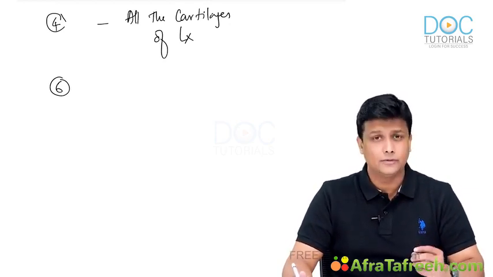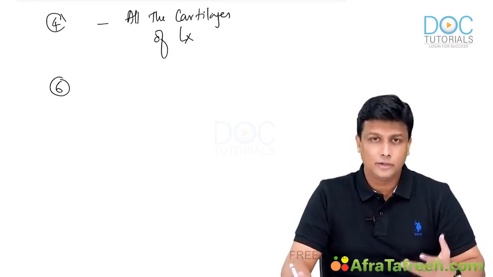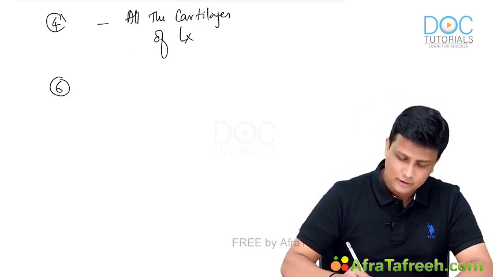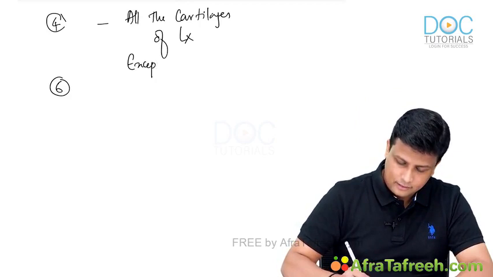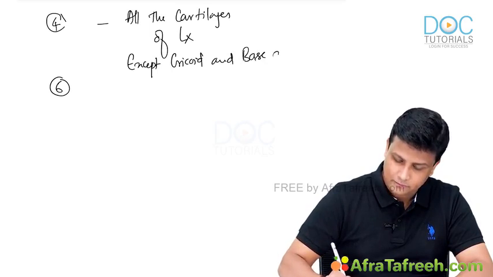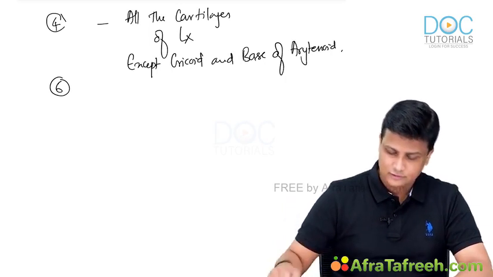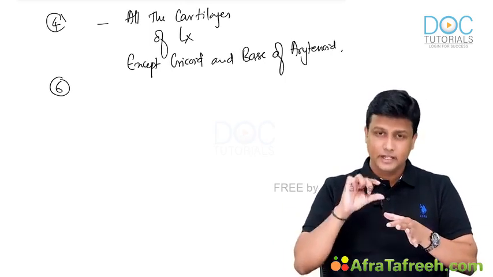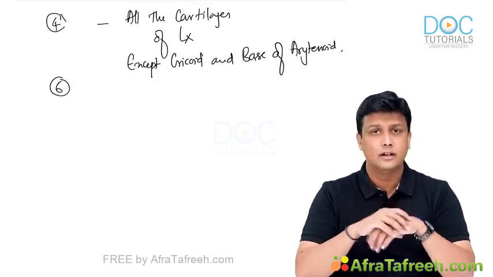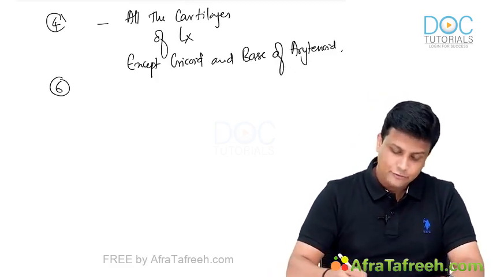But my dear friends, remember, for the sake of remembering, if you want to remember something, all the cartilages of larynx are derived from 4th arch only, except cricoid cartilage and the base of arytenoid, which is sitting on the cricoid cartilage. These two are exceptions. They are not derived from the 4th arch.